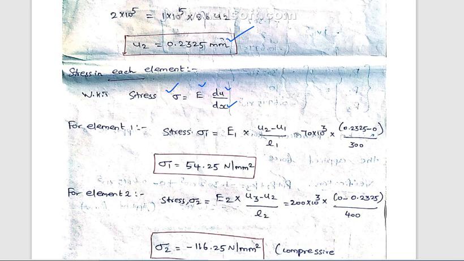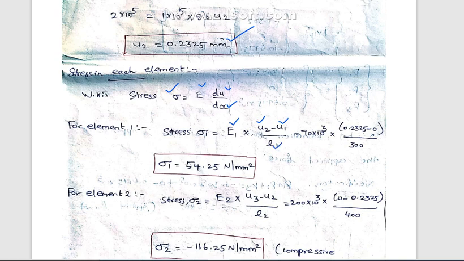So for the stress, sigma 1, you take element 1. Element 1 is located between the nodal point 1 and 2. Therefore the displacement of nodal point 1 is u1 and the displacement of nodal point 2 is u2. For element 1, the original length is L1.